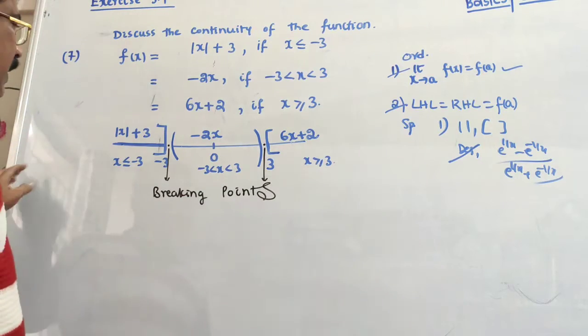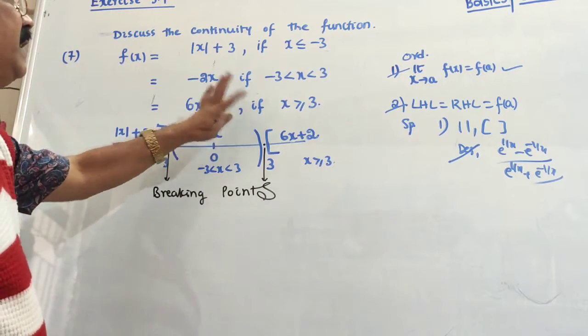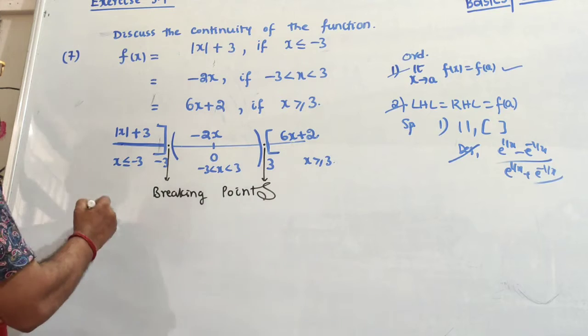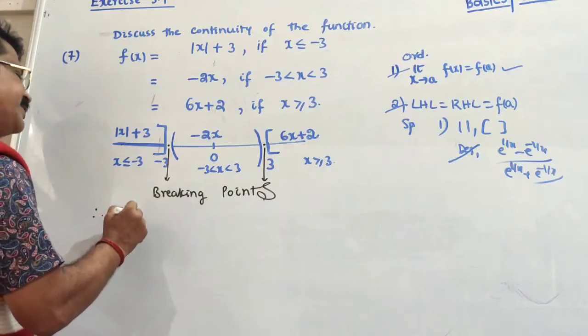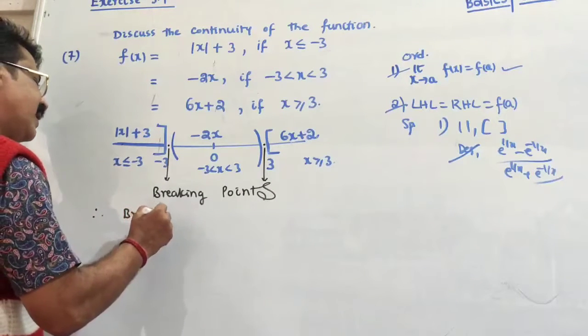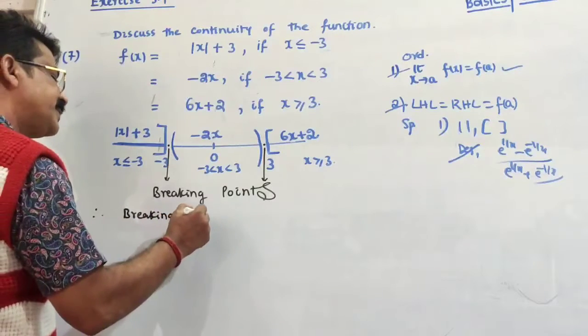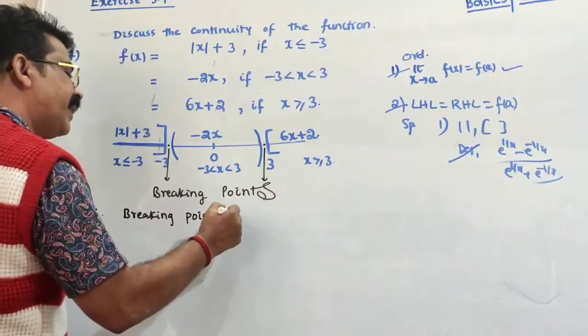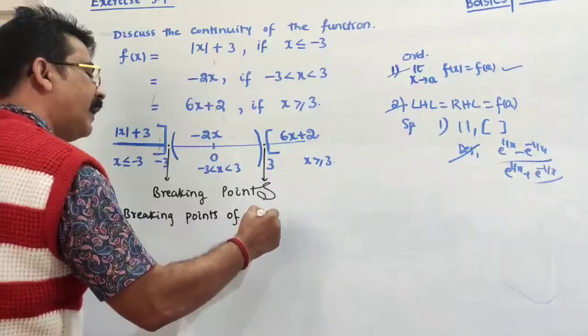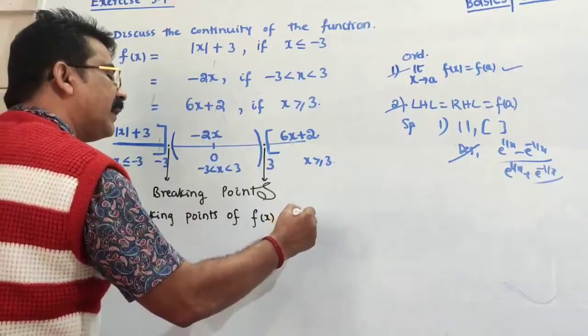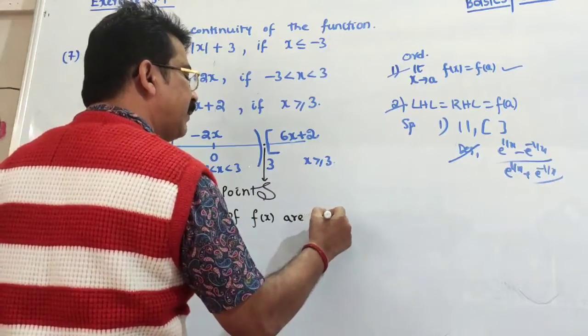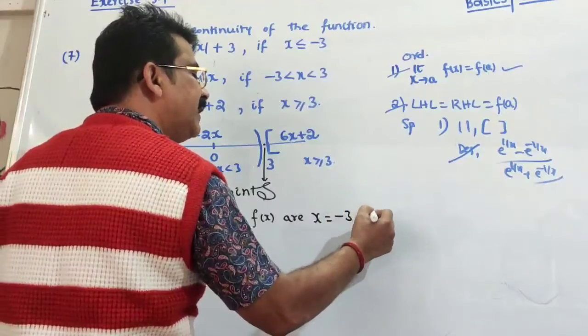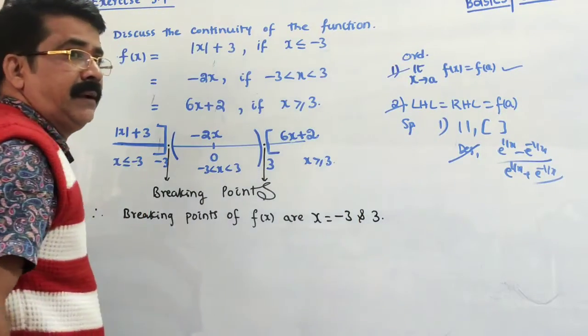So minus 3 and plus 3 are the breaking points. Therefore, the breaking points of f of x are x equal to minus 3 and plus 3.